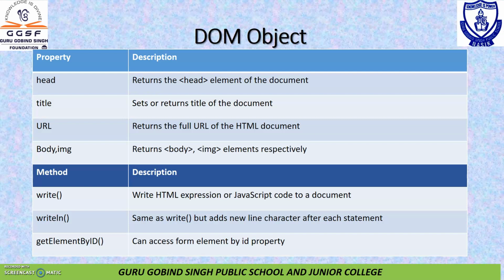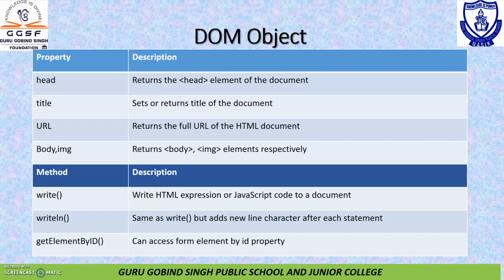We can set or return the title of the document. We can return the full URL where your file is located in your PC. That URL we can get by the URL property, and body and img will return the body and image elements.